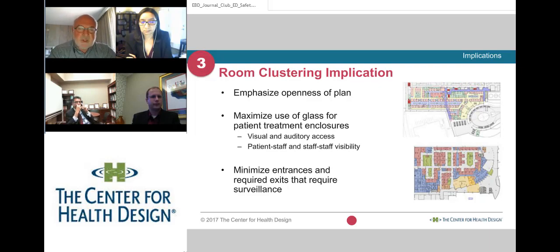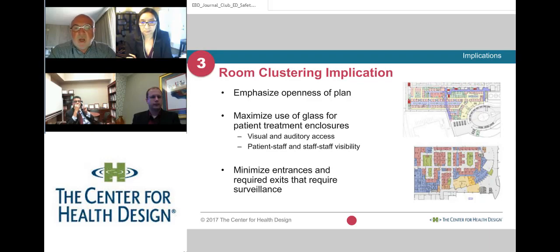This is a department where you just don't want any activities occurring other than within the patient room itself. You don't want any activities occurring that there's not a great deal of awareness about throughout the department. And as a result, there are certain types of plans that seem to work better than others in that respect.